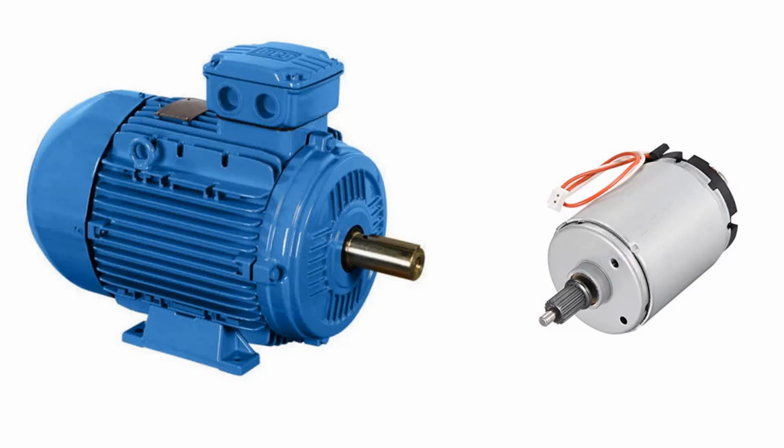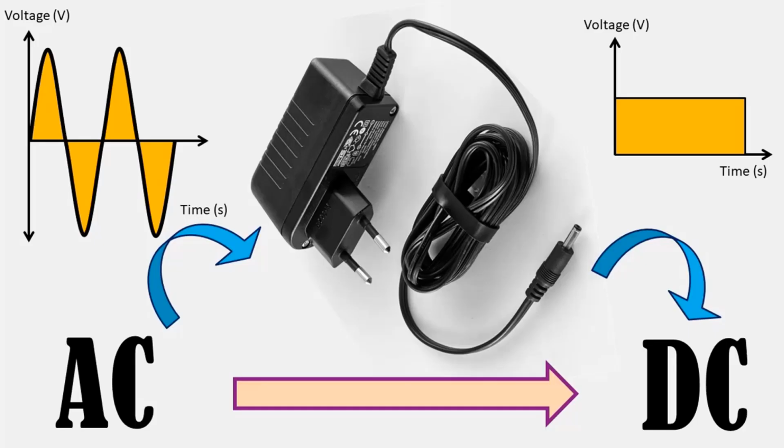Alternating current can be easily converted to direct current with the help of adapters made with basic electronic circuit elements such as diodes, capacitors, and regulators. However, converting direct current to alternating current is a very difficult process with high losses. Special devices are required. As you can see, alternating current has many advantages over direct current.